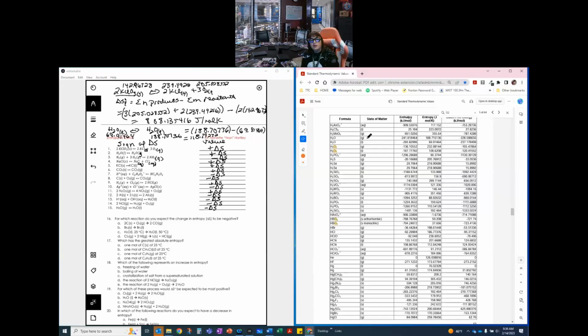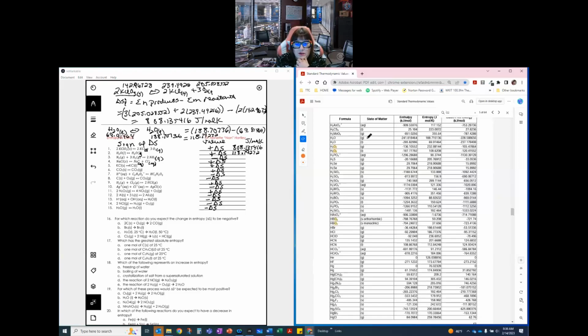Okay, so again, just like we talked about before, products minus reactants, remember to multiply by the stoichiometry. So that's the kind of thing that we're going to see there. I will put the numerical values for the rest of these on D2L, and I will put them down here next to what we expected our sign to be. So this is 808.135416, and these are in joules per mole Kelvin. And my second one is 118.79272.